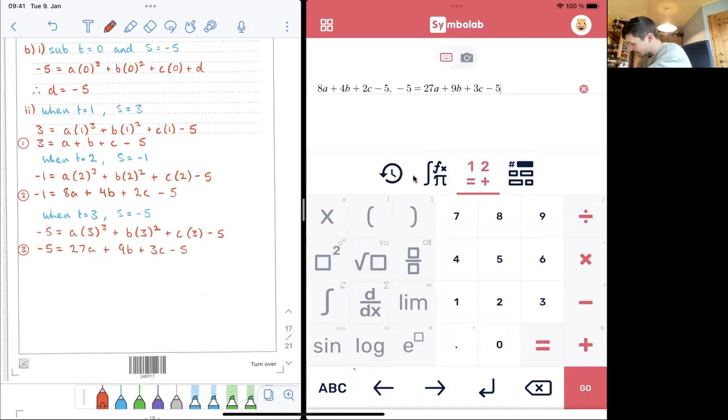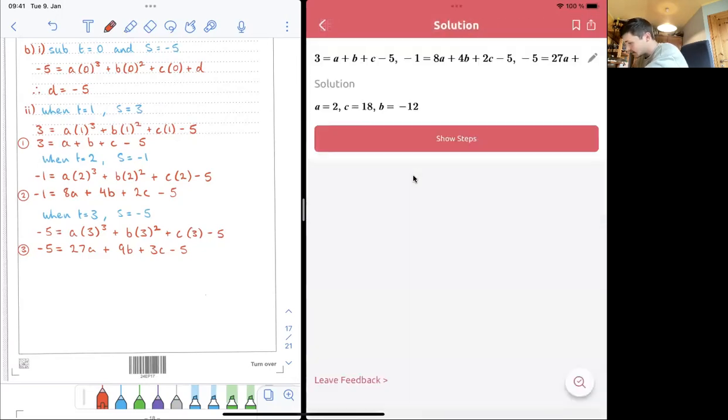Right, now I'll click go, and that gives me the 3 values, weirdly in the order of A, C, and B. Slightly odd, but that's the way that my calculator does it. Once again, if you are unsure of how to input that into your own specific calculator, then just give it a look.